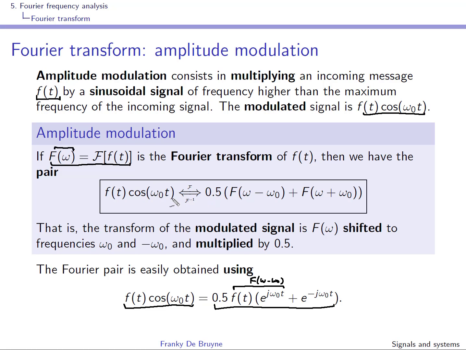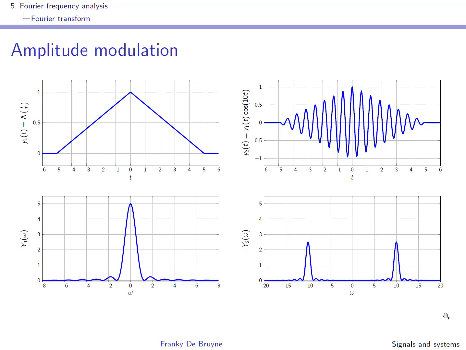So we see that the Fourier transform of this amplitude modulated signal is given here, and we see that the transform of the modulated signal is the original Fourier spectrum shifted to the frequencies omega 0 and minus omega 0, and of course you have here this multiplication by 0.5.